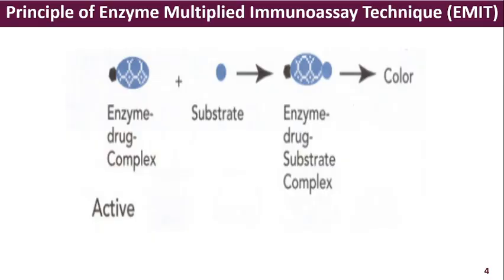Now, how this assay is carried out, by this diagrammatic representation, you will be able to make out. The principle involves the enzyme that is to be used in this assay is conjugated with the drug molecule.